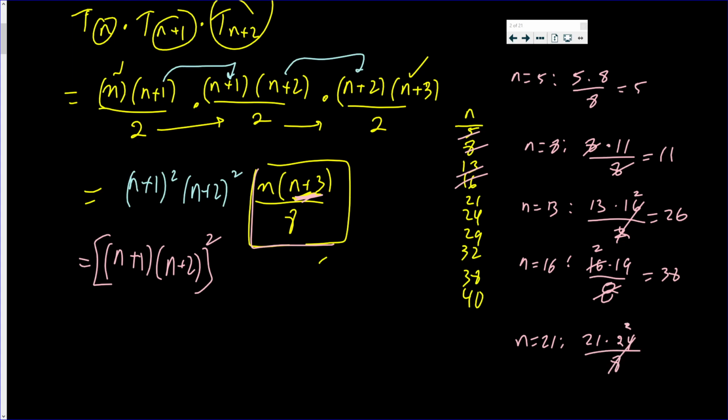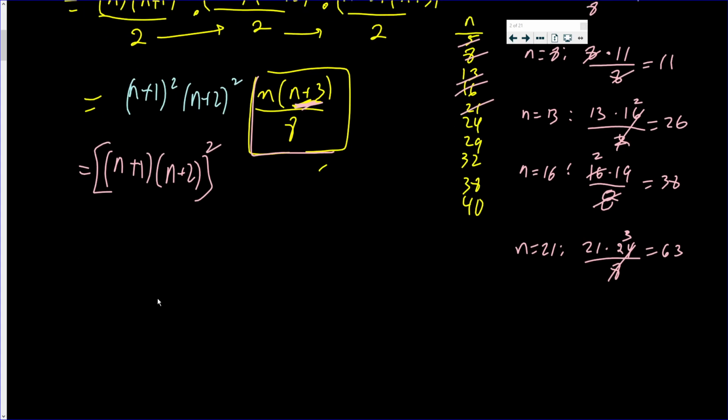That goes in 3 times, get 63. Almost. Let's try n is equal to 24. So you get n times 3 more over 8. Well, 8 goes in here 3 times. 3 times 27 is 81, which is a number squared. Just let n be 24.